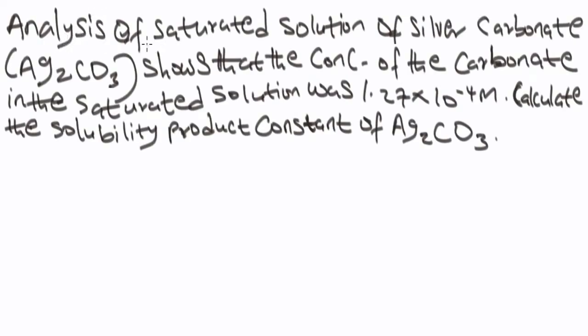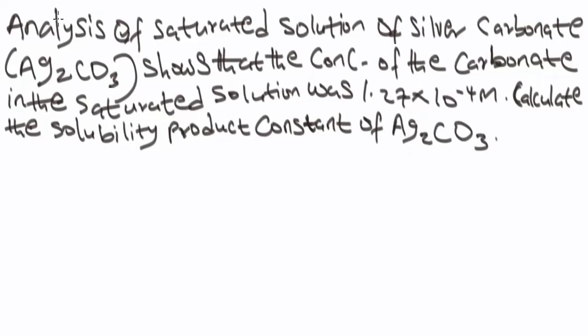It says, analysis of a saturated solution of silver carbonate shows that the concentration of the carbonate in the saturated solution was this value. Calculate the solubility product constant of silver carbonate.